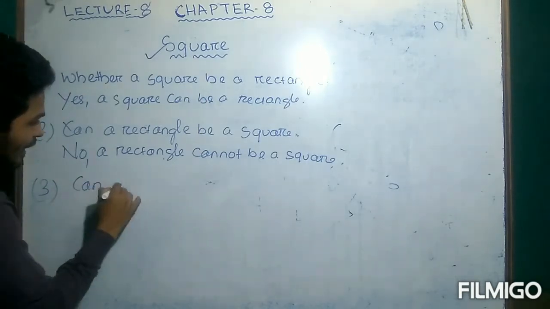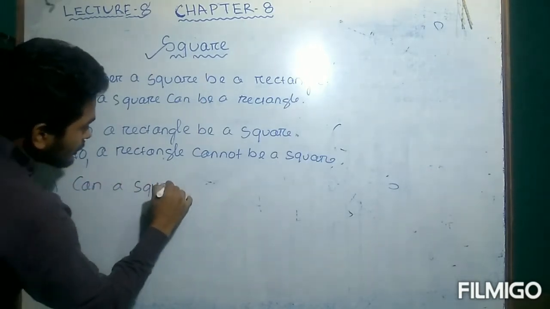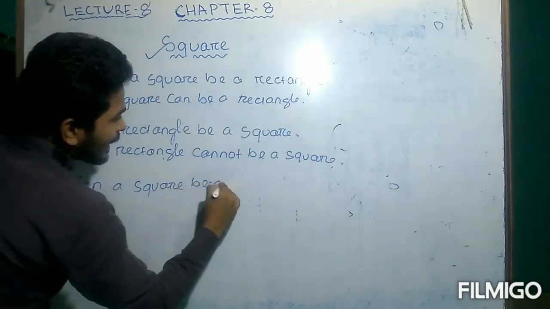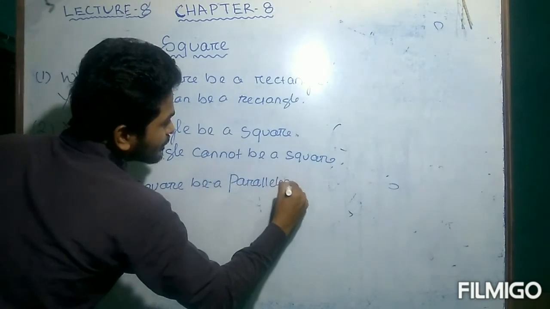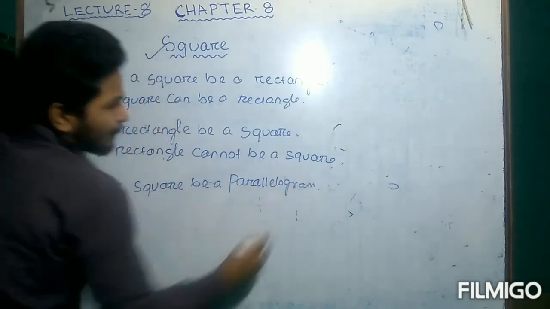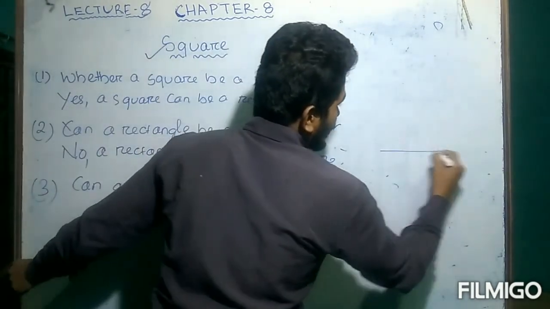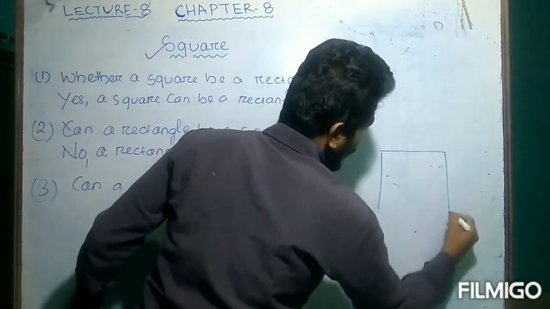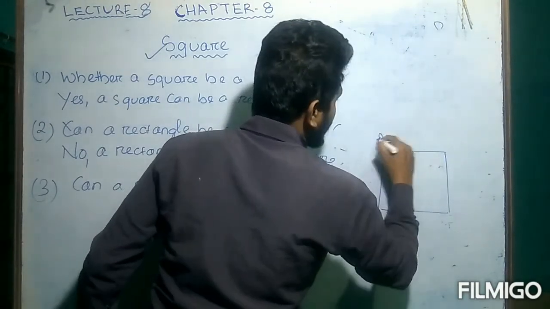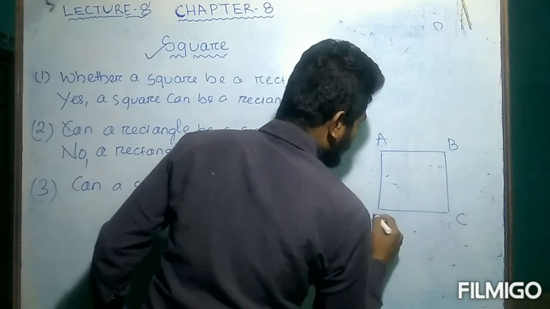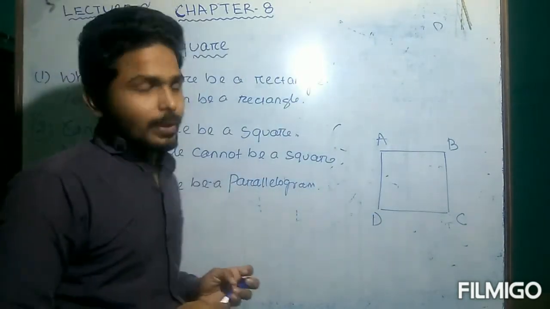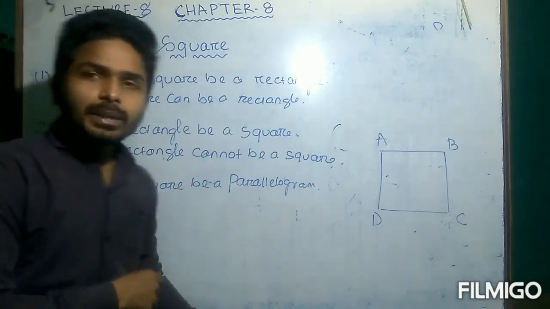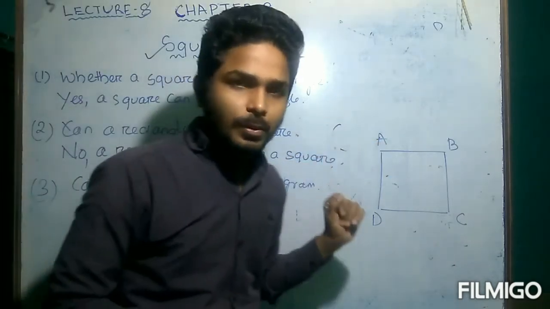Can a square be a parallelogram? Let's verify. So it's a square. In order to be a parallelogram, a square has to follow all the basic compulsory properties. The first property of a parallelogram is that it should be a quadrilateral, and a square is also a quadrilateral.